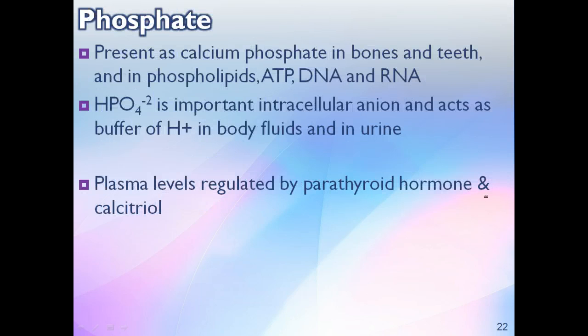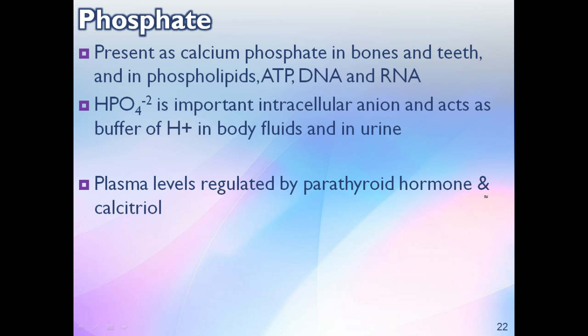Phosphates, again, a very important intracellular buffer, are typically found in 2 ways. It can be found as a structural component, particularly to bone and teeth, as phosphate or PO4 2- likes to form salts in the presence of calcium. Calcium phosphate is an important calcium salt used in the creation of bone and teeth.